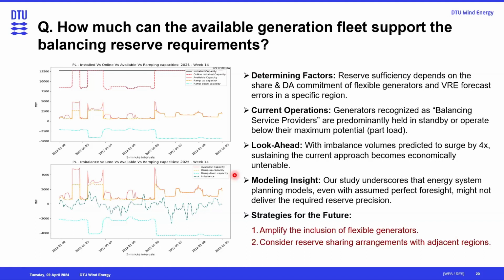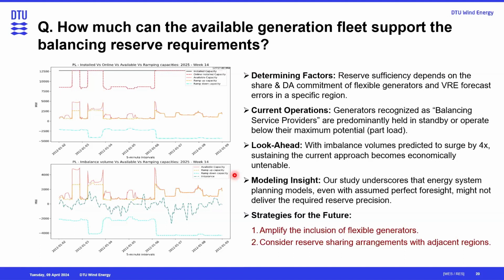Even if they're operating at 80% and need to ramp up, they have only limited capacity based on their technical capabilities. So the dashed line is the ramp up capacity, what is available at any point of time.